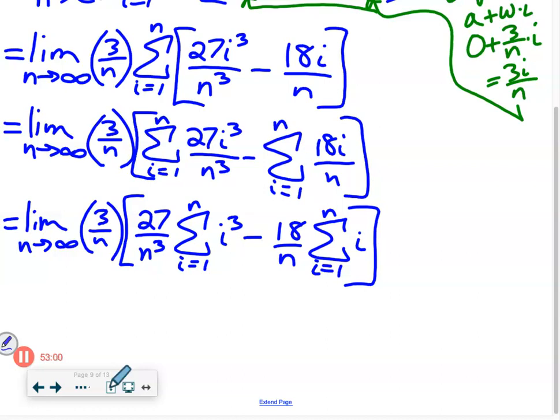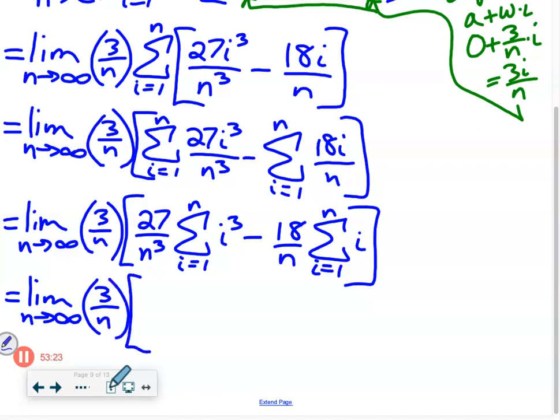Okay. Once you have it down to sigmas with i's, you are ready to replace those with the wonderful formulas you just wrote down. So let's rewrite. Notice I'm rewriting my limit every time, right? Notation. We grade notation. All right.